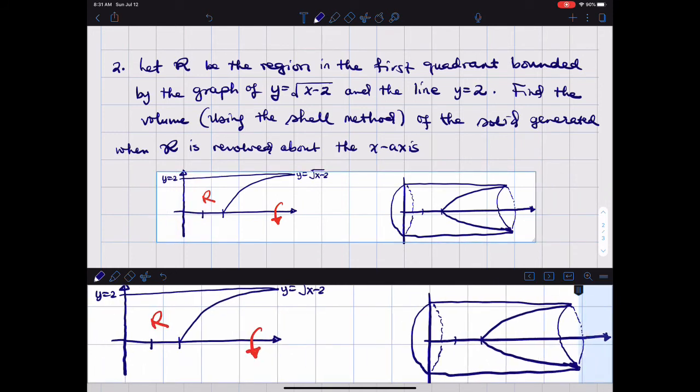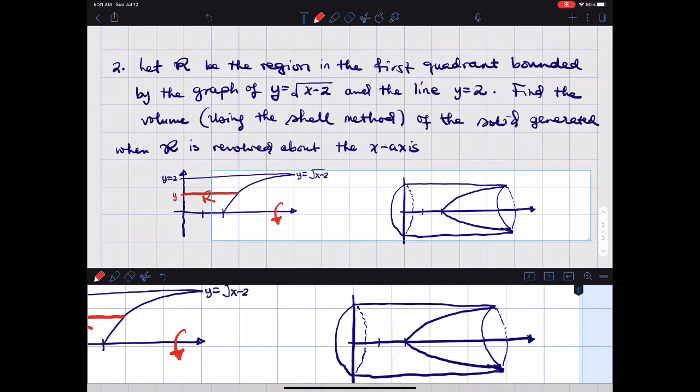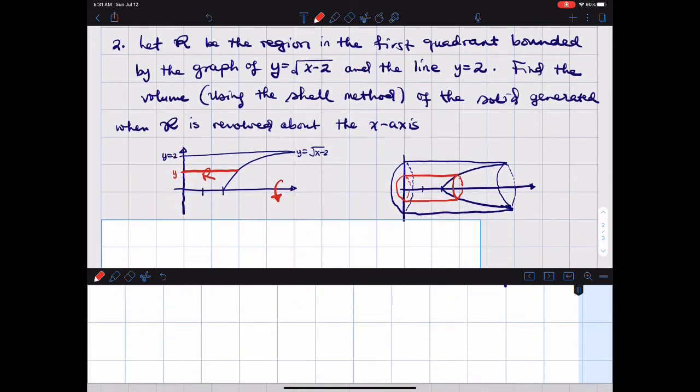Let's get a red shell from this solid at some arbitrary point y. So we'll get this red shell over here. Okay, so that's our shell.